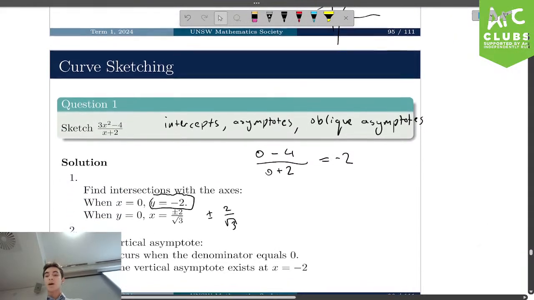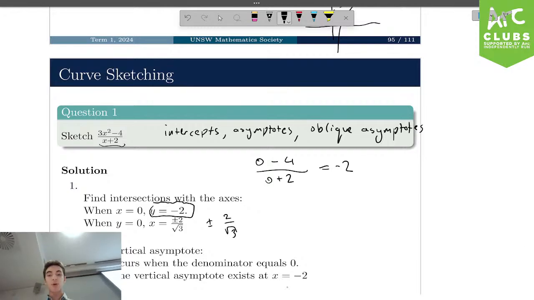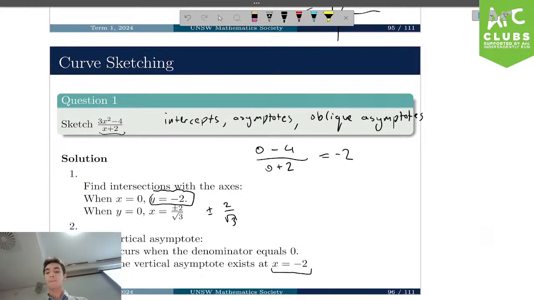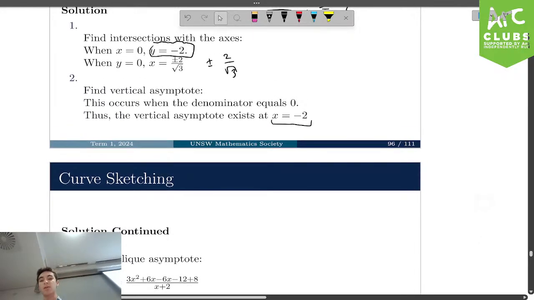Now, there's also going to be a vertical asymptote, as you can see from the denominator here. That denominator is going to become 0 when x equals minus 2, right? So that's going to be a vertical asymptote that we have. And finally, there is also going to be an oblique asymptote, okay?